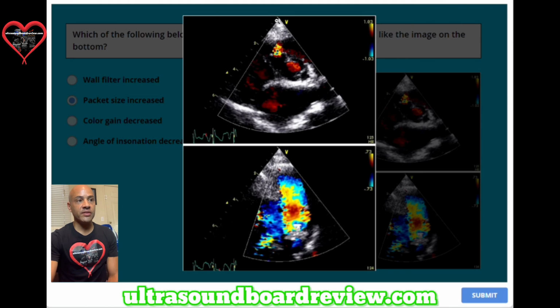But if you look closely at the color box here, see how wide that is compared to this one? The color box was obviously narrowed, which improved your color Doppler temporal resolution. If you run across a question that shows a wide color box with poor color Doppler, and in the other image, it looks like the sector was narrowed with better quality Doppler imaging, it's because your temporal resolution increased.